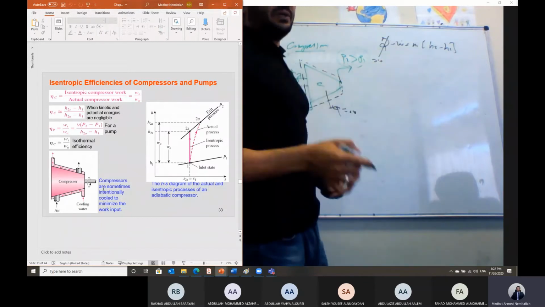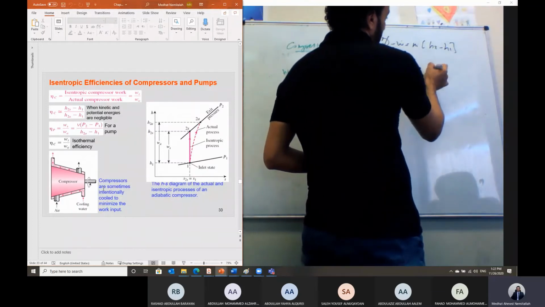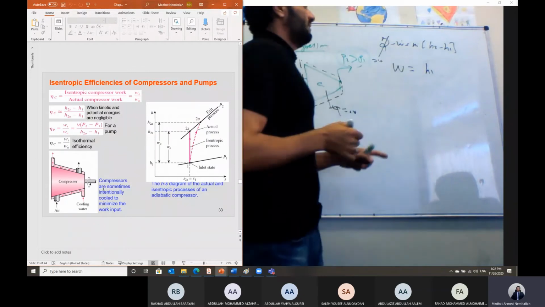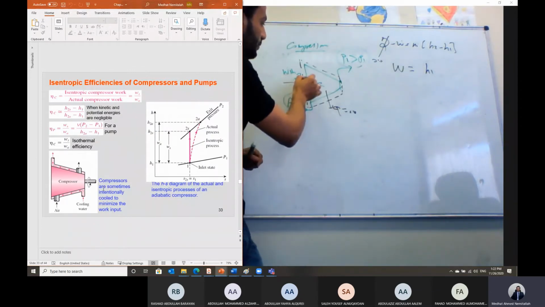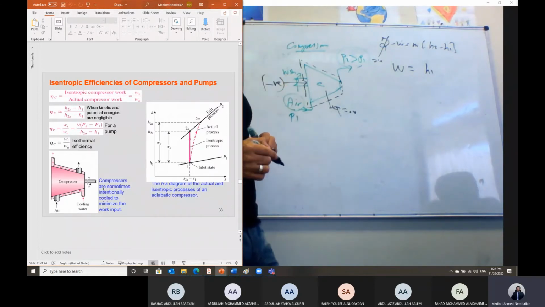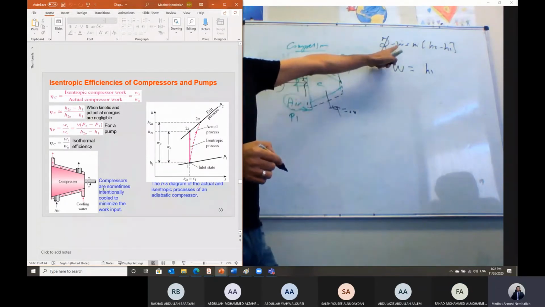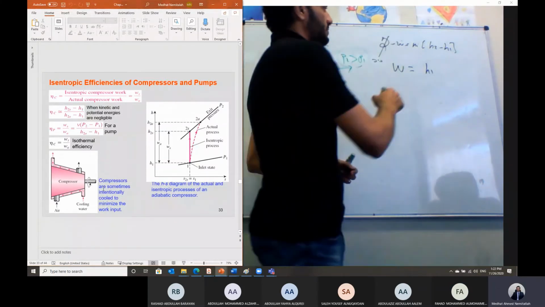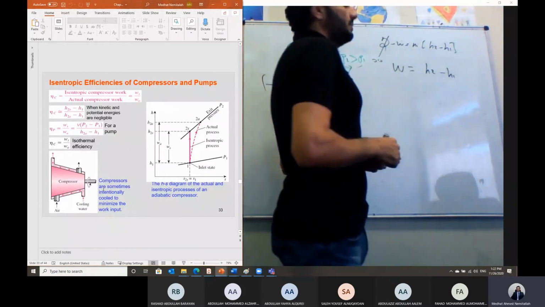If we divide by m dot like what we have done, then the specific work will equal H1 minus H2. But actually the work to the compressor is input work. So it should have negative or positive sign? Negative sign. So negative will be positive, and the specific work will equal H2 minus H1.